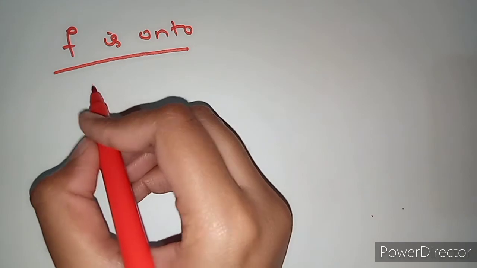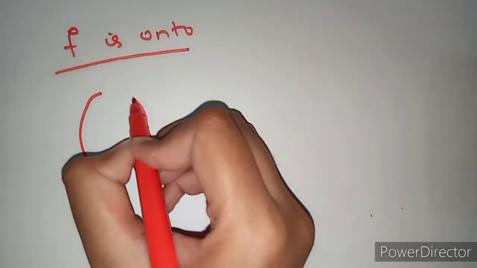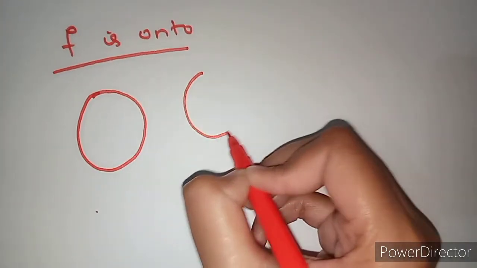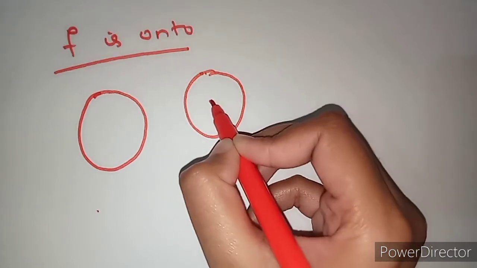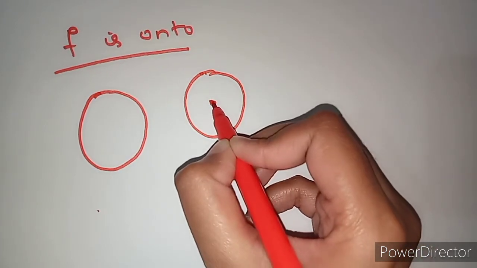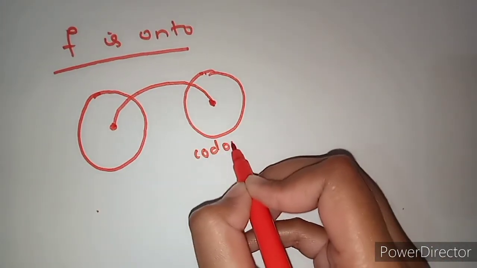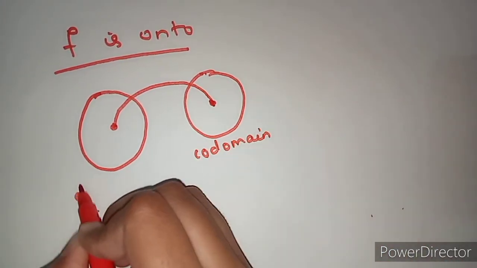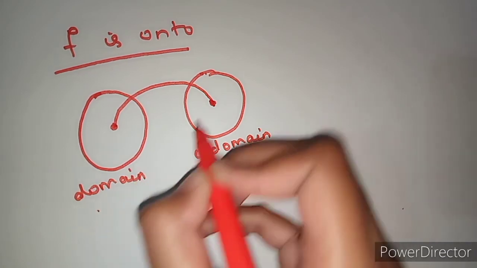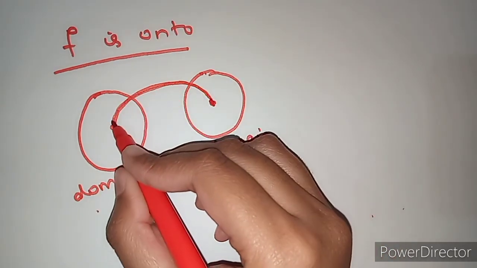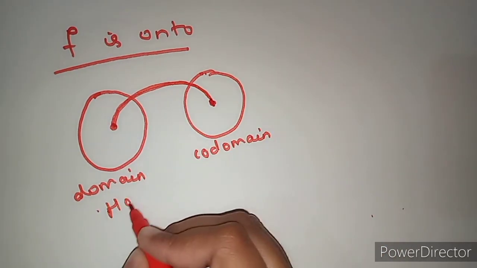Now I have to show that f is onto. For the function to be onto, every element in the codomain should have a pre-image in the domain. This is the codomain and this is the domain.